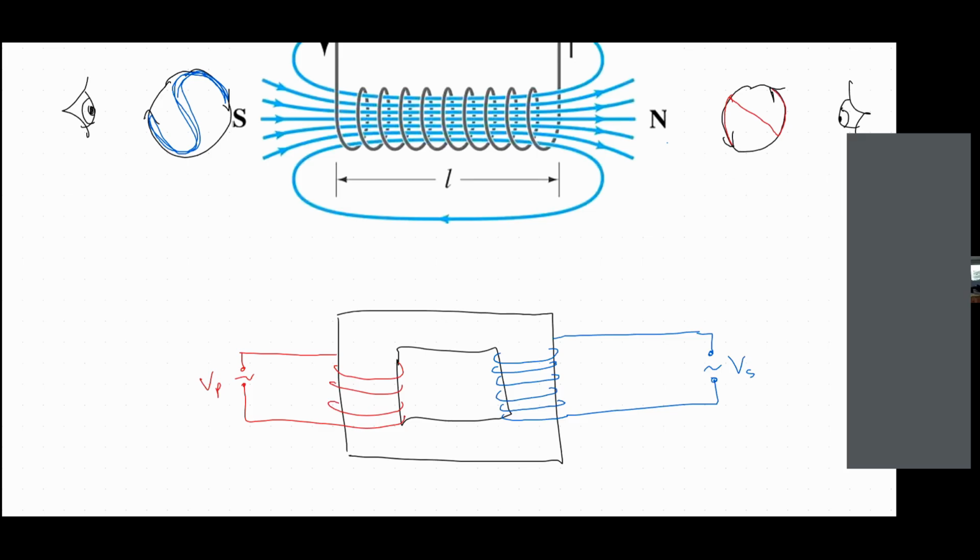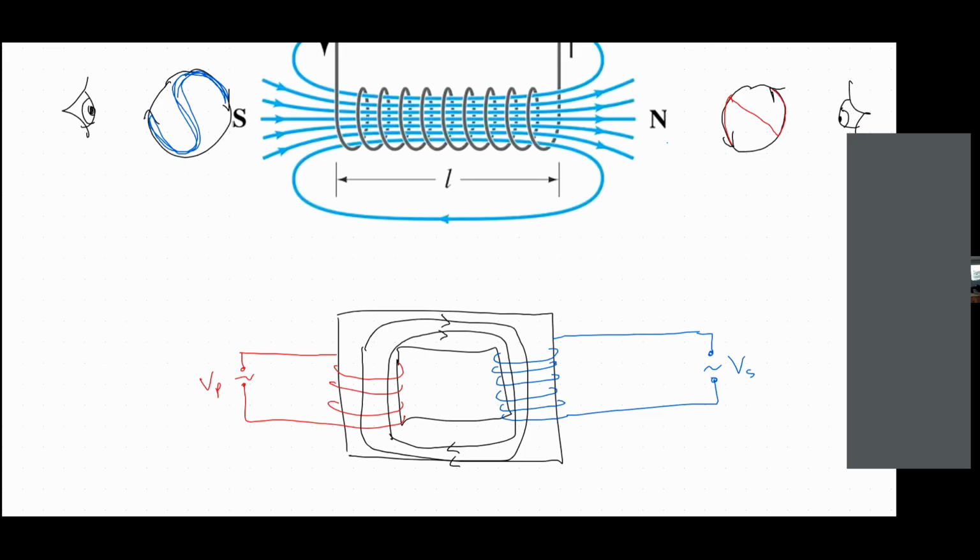So you end up with a magnetic field. Let's make it go this way to start with. When you have an alternating current in a coil, what happens is you end up with an alternating magnetic field.